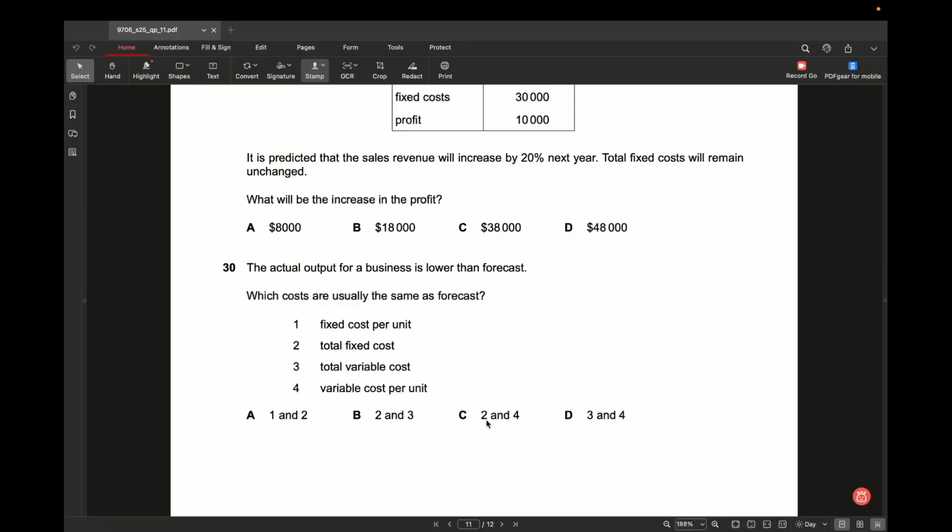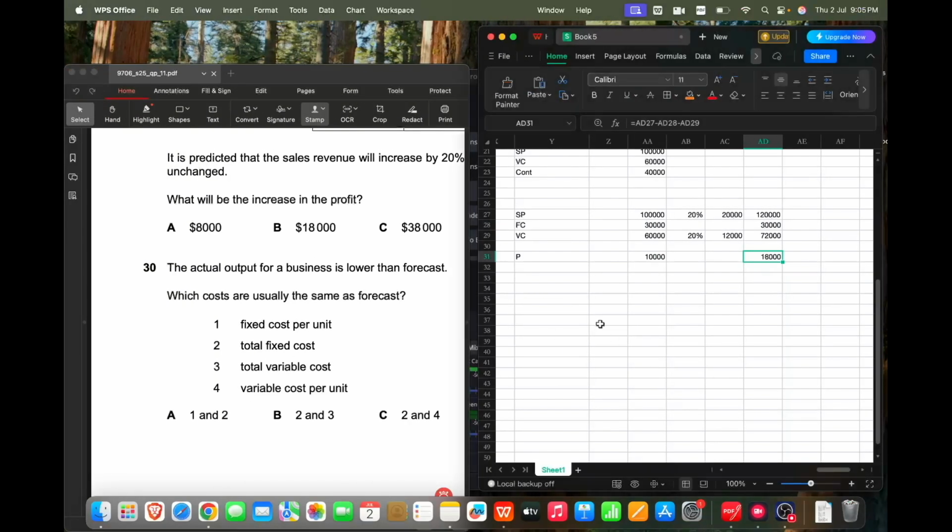Let me show it to you how it is. Let's say my total fixed cost is 500, to produce 100 units. Now even if I produced only 80 units, my total fixed cost will still be 500.